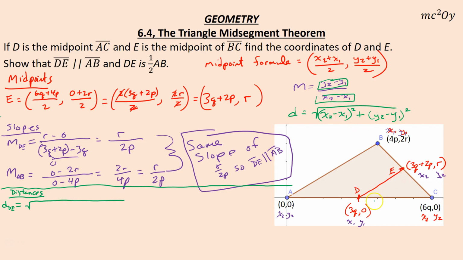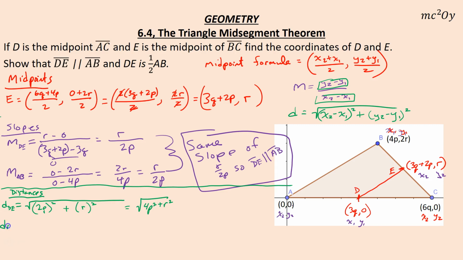So looking at DE, we have x2 minus x1 was 2p quantity squared, and y2 minus y1 was r quantity squared. Okay, and so simplifying that, we end up with the square root of 4p squared plus r squared.